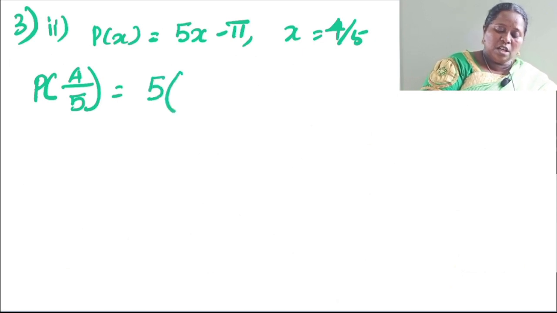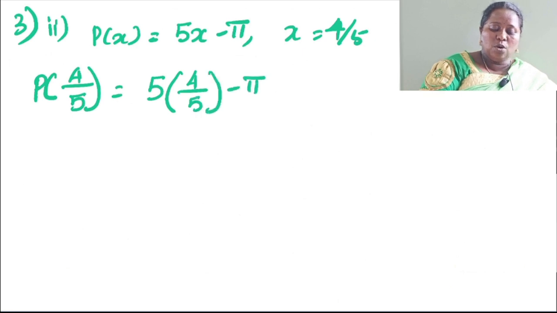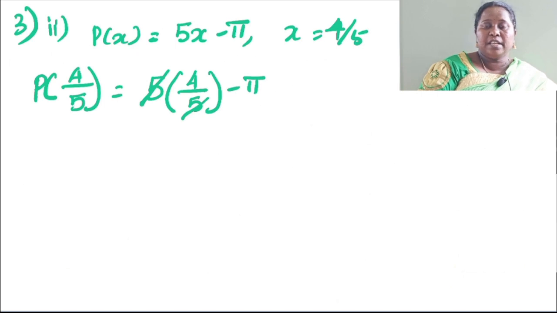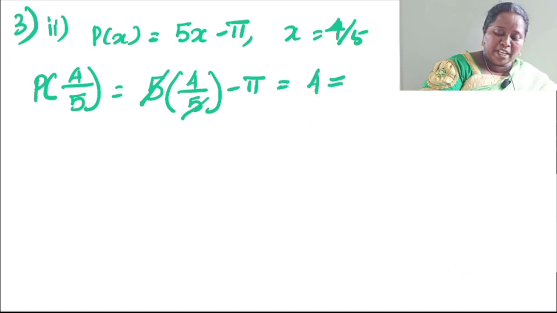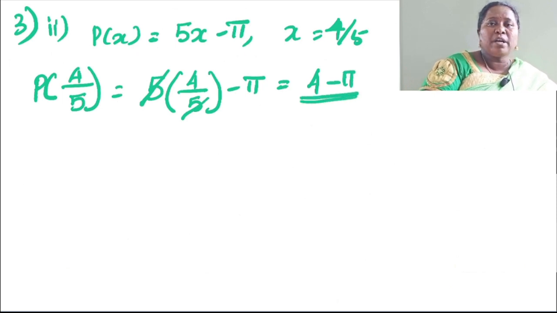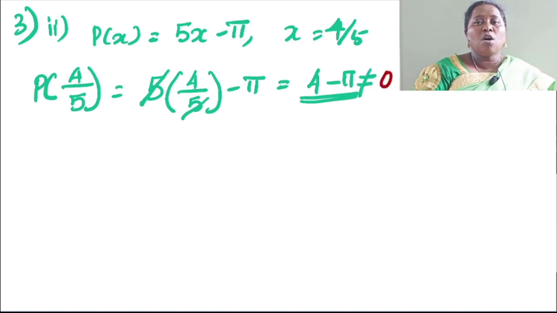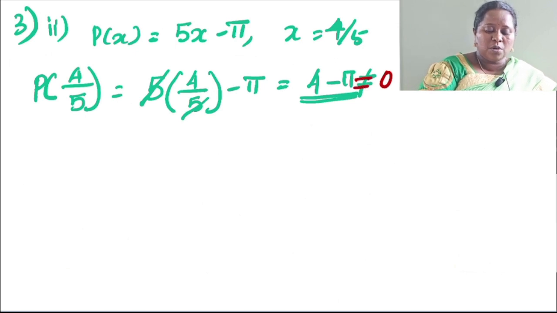So 5 into 4 by 5 minus pi. The 5 and 5 will get cancelled. The answer is 4 minus pi. This 4 minus pi is not equal to 0.